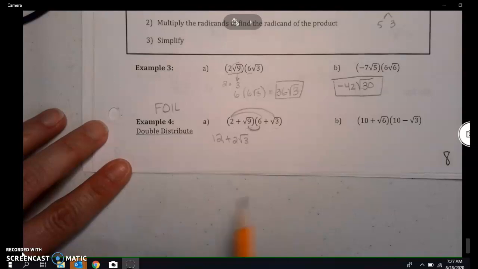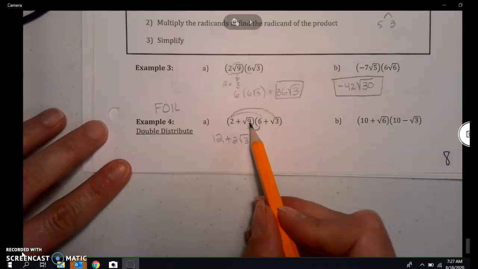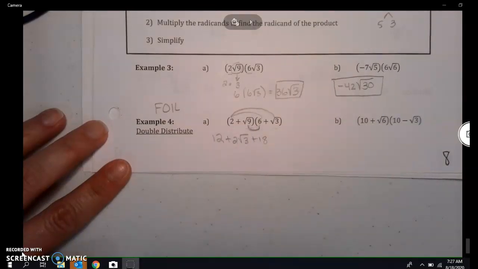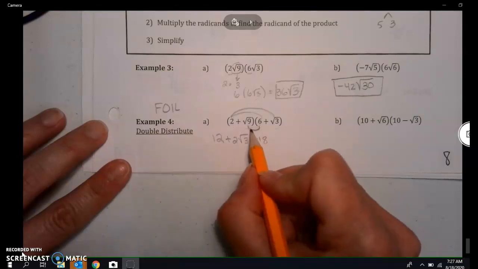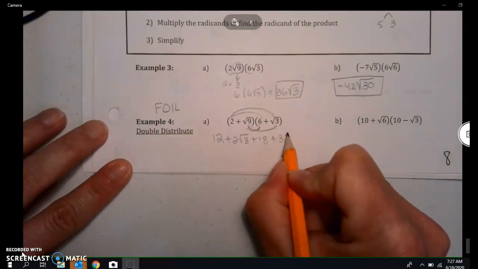So actually now coming back to it, I could have just simplified that first. I missed that real quick. So rad 9, let's just keep going. Rad 9 is 3. 3 times 6 is 18, so I'm going to write plus 18. And then we have the last terms like this. So rad 9 is just 3. 3 times rad 3 is plus 3 rad 3.